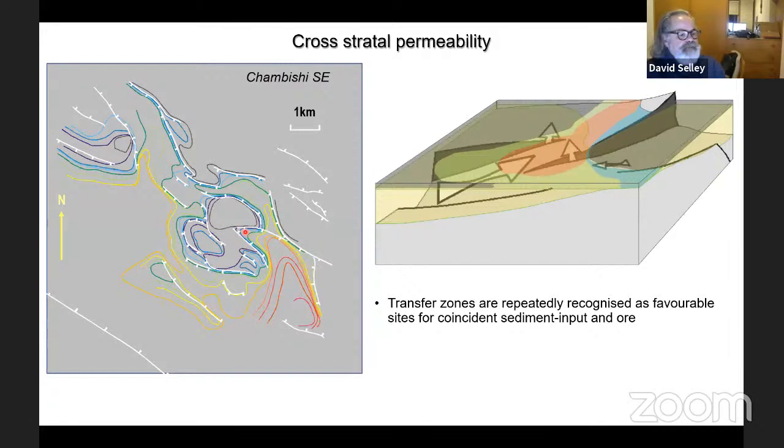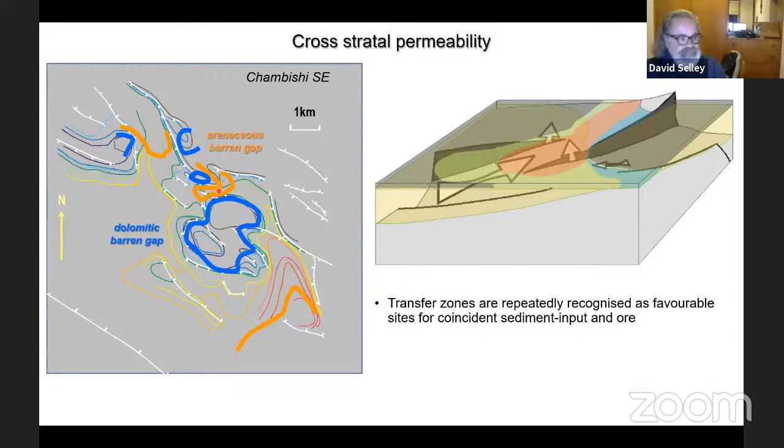We overlie the facies variation at the level of the ore shale, and we can see our barren gaps here, dolomitic barren gap positioned above these pre-existing basement highs, and the arenaceous barren gaps are our sandy fans being fed through breaks in the fault system.